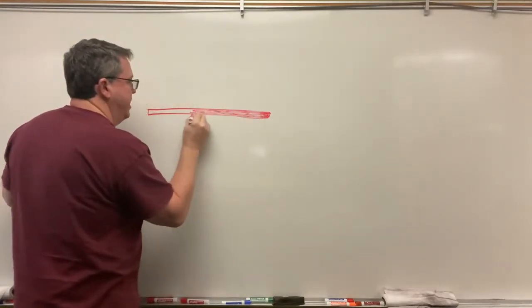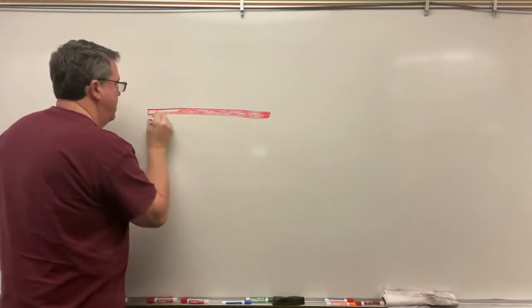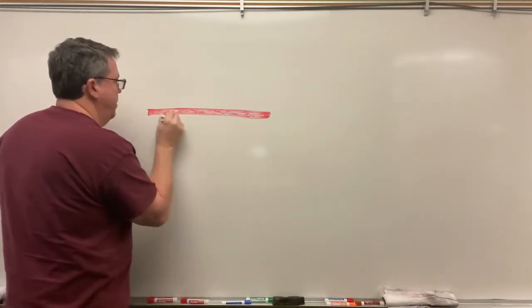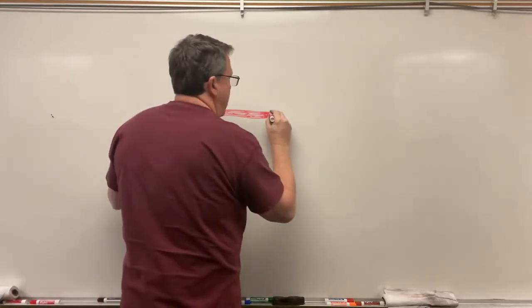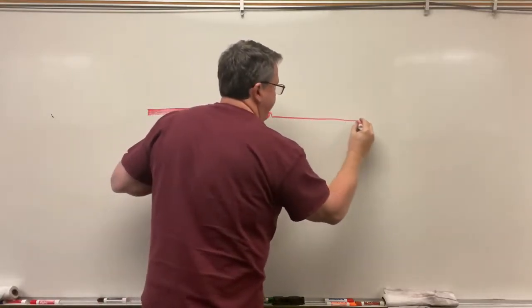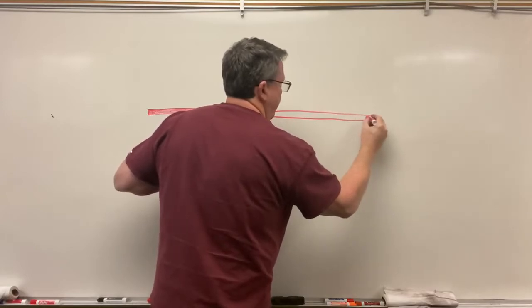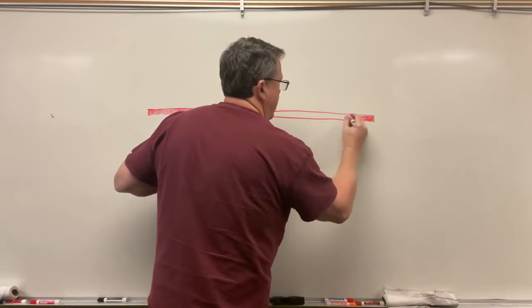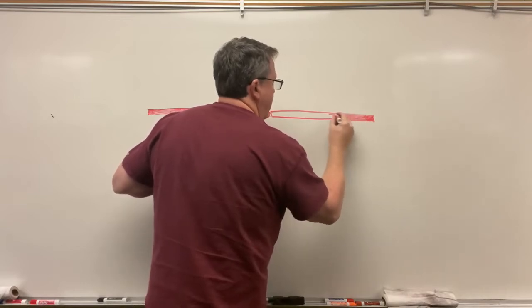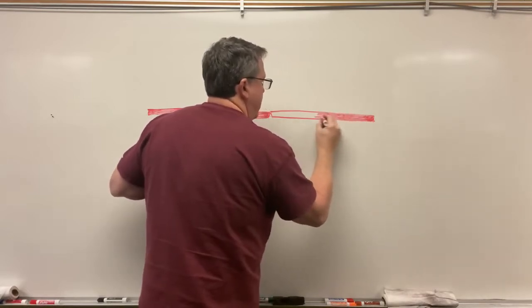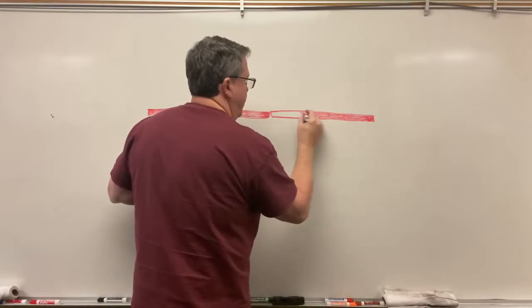It's known as the tricuspid valve. So let's just draw this real quick, and then I'm going to draw this side over here. Okay, so these are my valves on the inside of the heart.